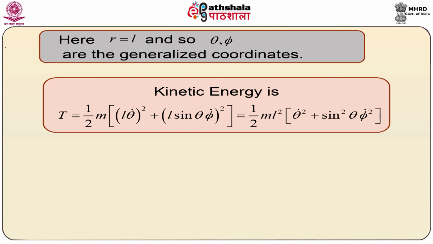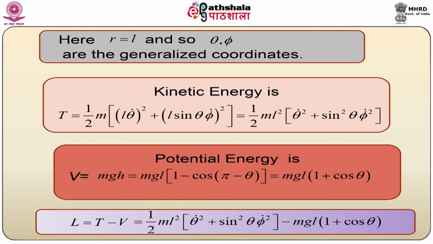Let us calculate the kinetic energy, which is capital T equal to half into m into the square of L theta dot plus the square of L sin theta into phi dot. On simplification we get this portion.